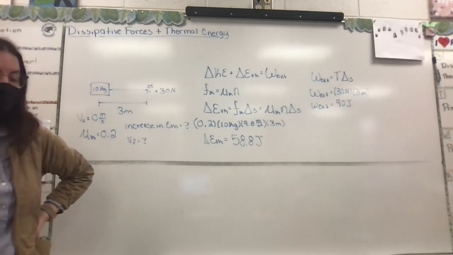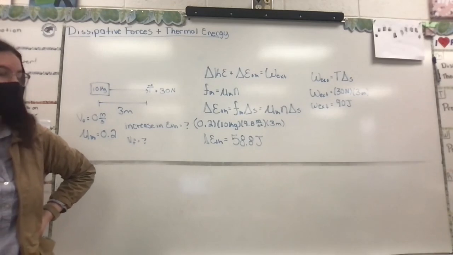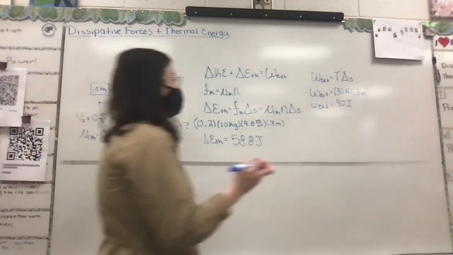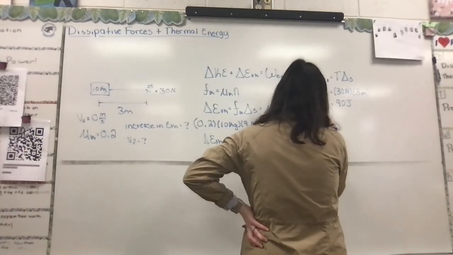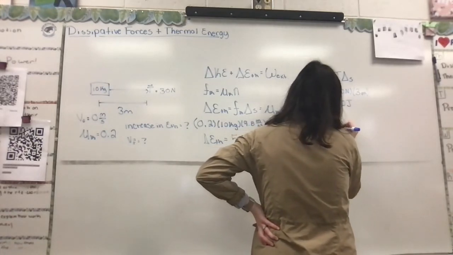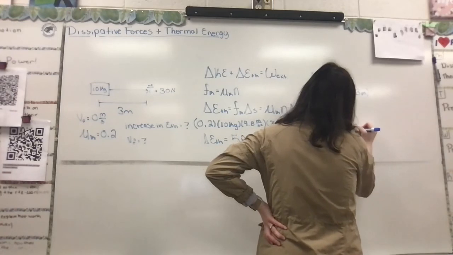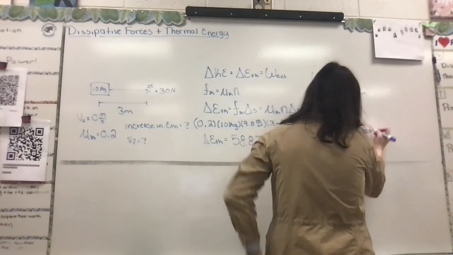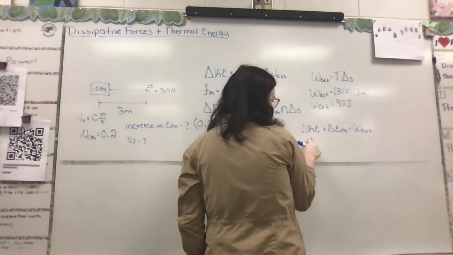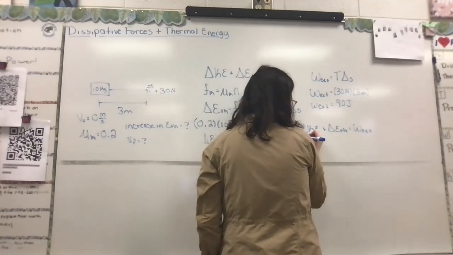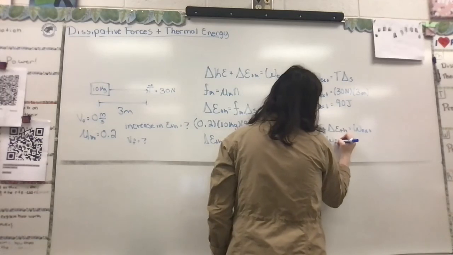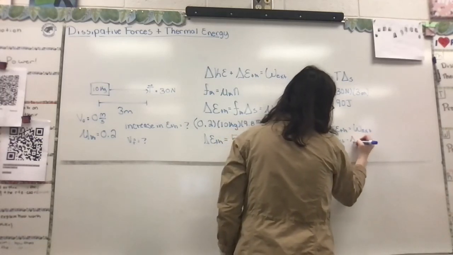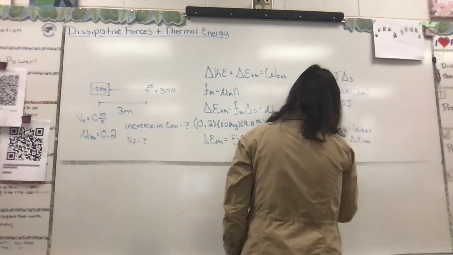Now we need to solve for our change in kinetic energy. Change in kinetic energy plus change in thermal energy is equal to our external work. How do we rearrange to solve for KE? We just subtract our thermal energy. So change in kinetic energy is equal to our work external minus our change in thermal energy.